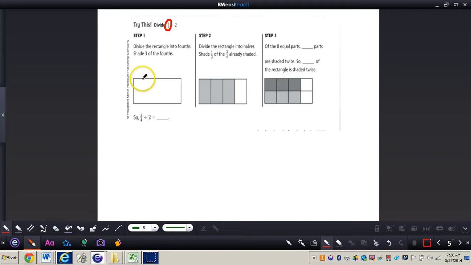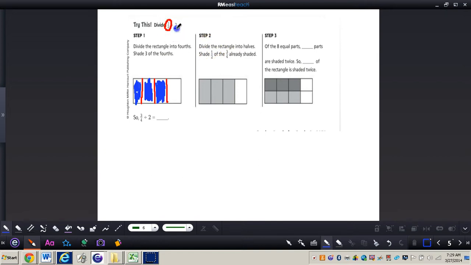So we're going to make a shape that's divided into 4 equal parts. And since it's 3/4, we need to color in 3 out of the 4 parts. So we can see what 3/4 looks like. Now, my next step is we need to divide the rectangle into halves.